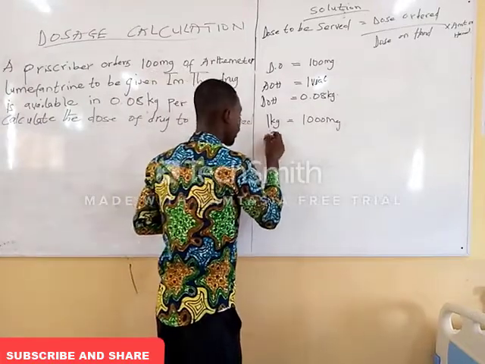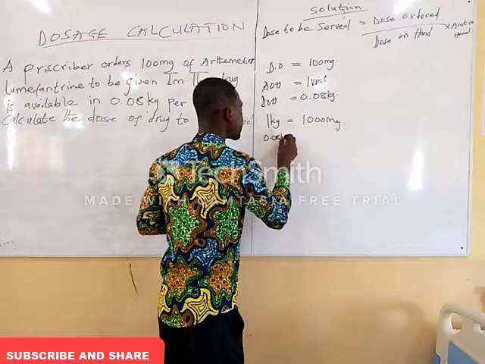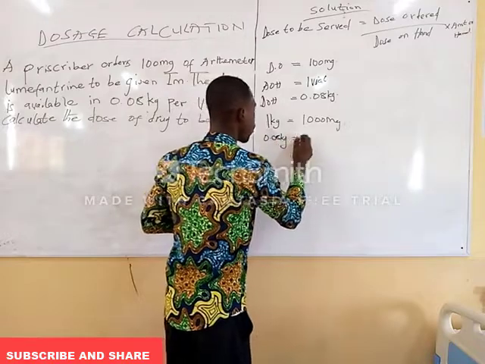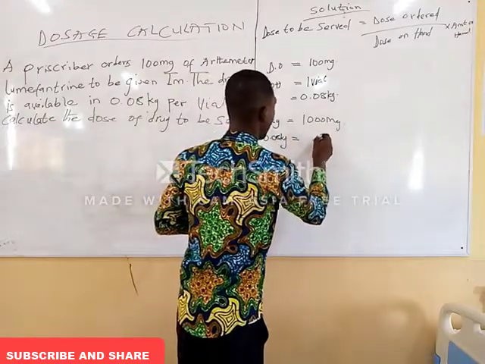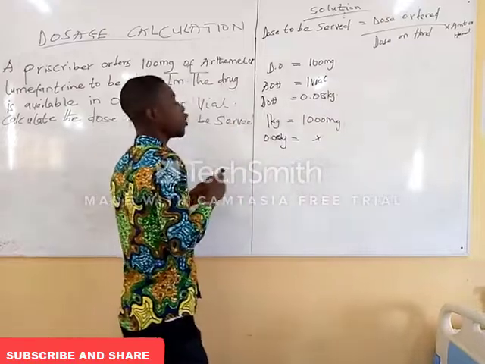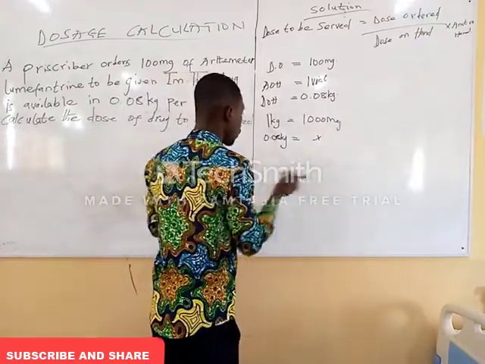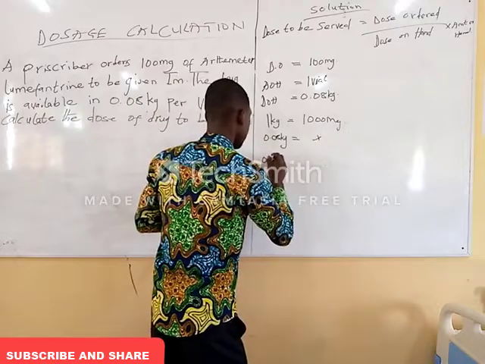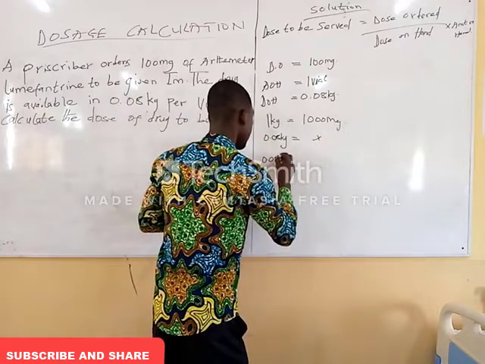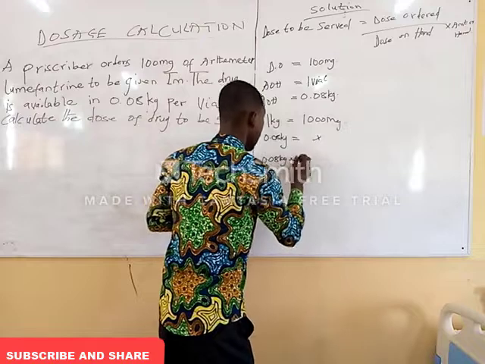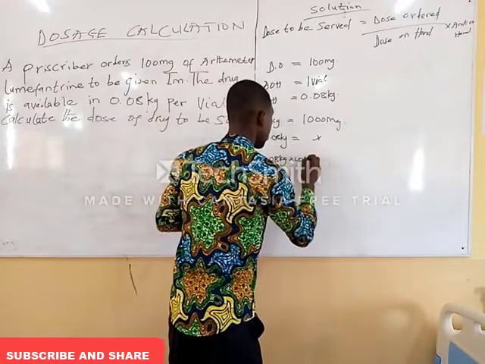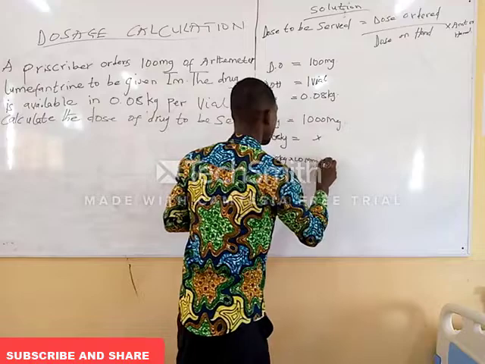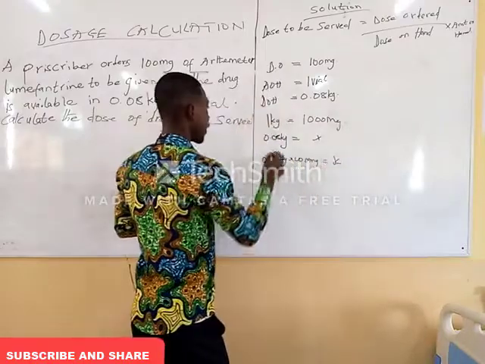So 0.08 kg is equal to what? I hope you know your conversion. So we are going to do cross multiplication. So 0.08 kg times 1000 mg is equal to x kg.